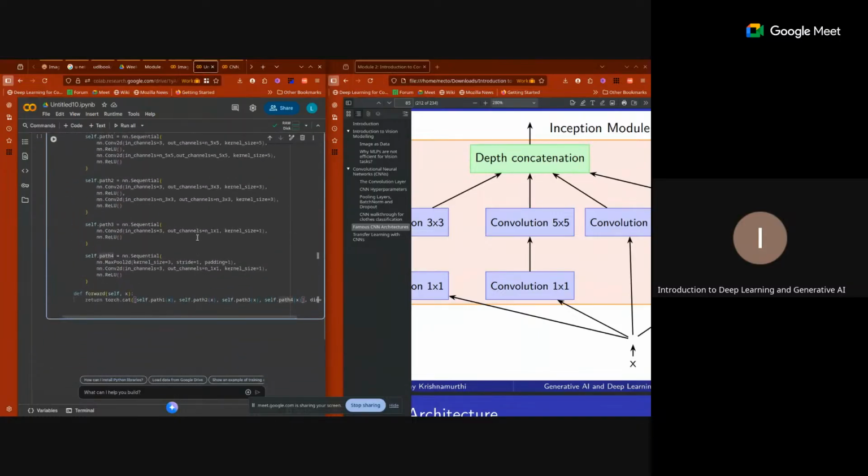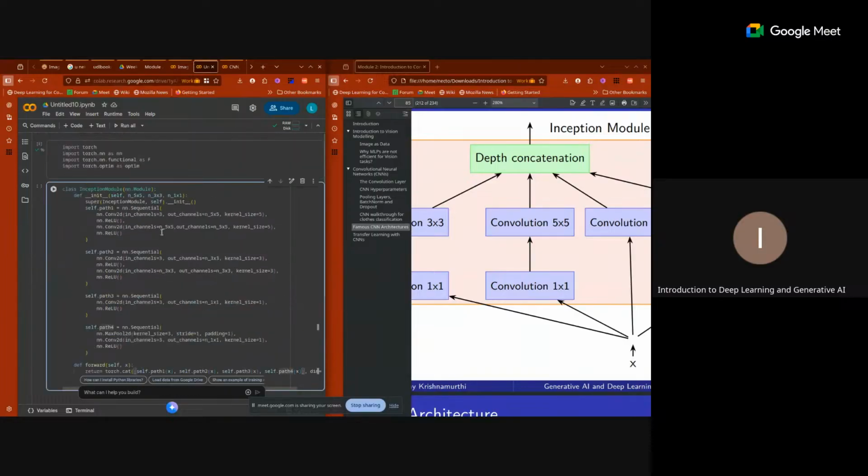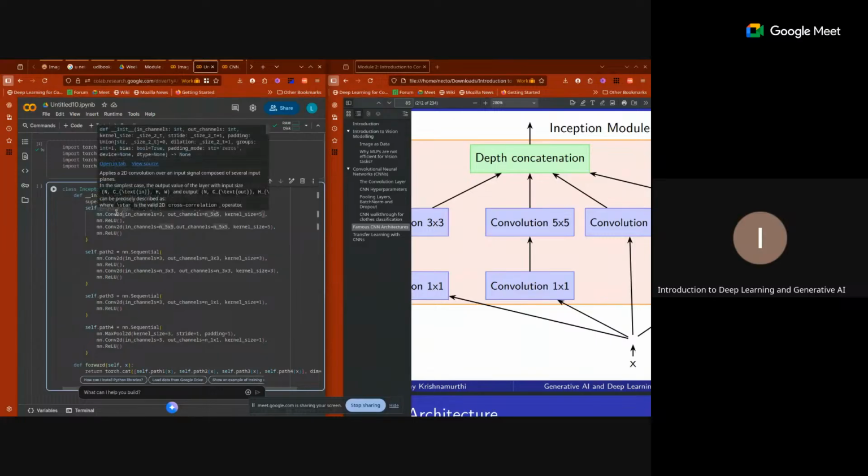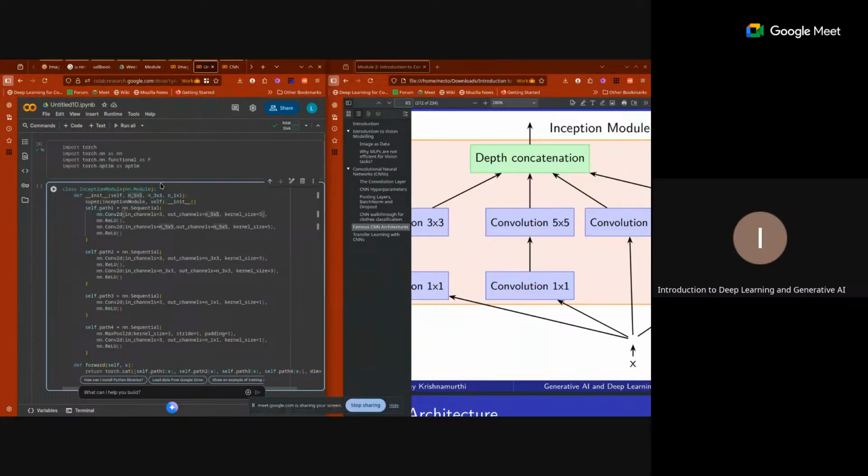Now let's talk about the output sizes. Have we really worked on that part? Do all these sizes match? Let's verify that. Here for the convolution, what is the padding that we have used?